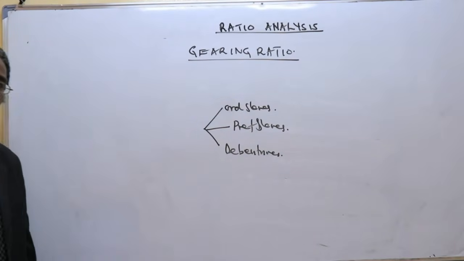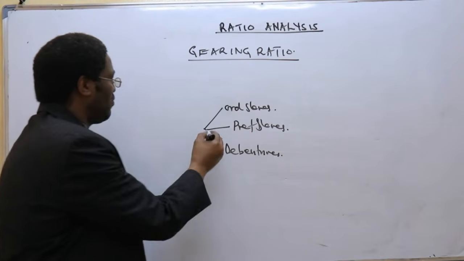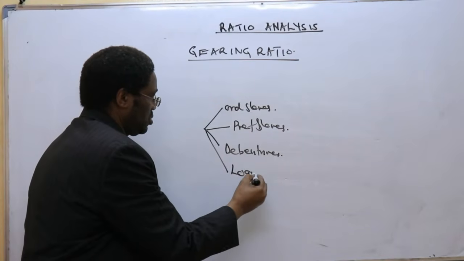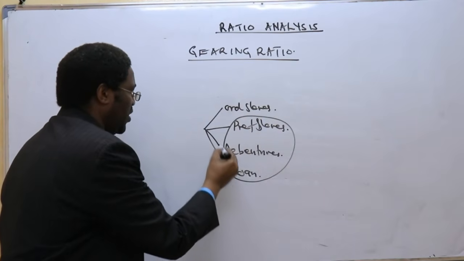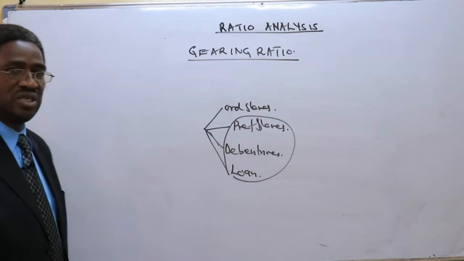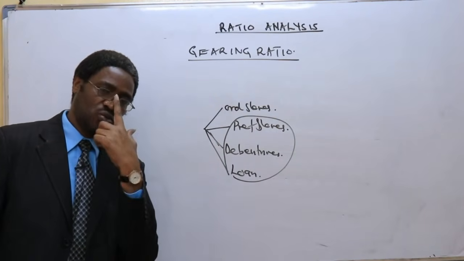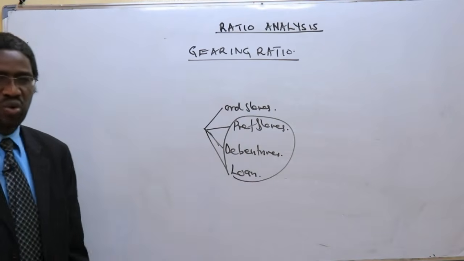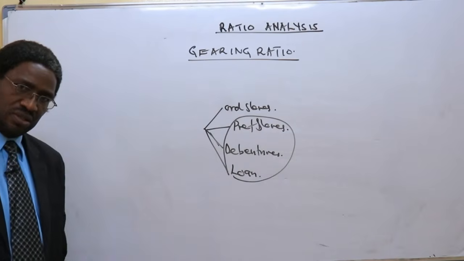Or they can have loans. When you look at these sources of capital or finances, they have one characteristic. What is that characteristic? Which is not a characteristic of the ordinary shares.